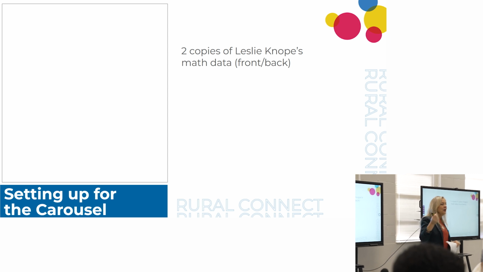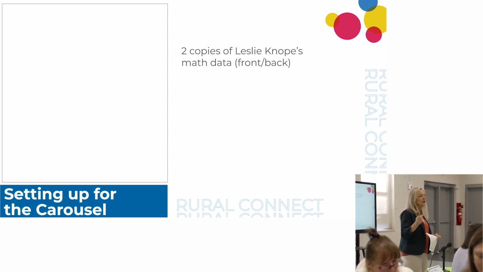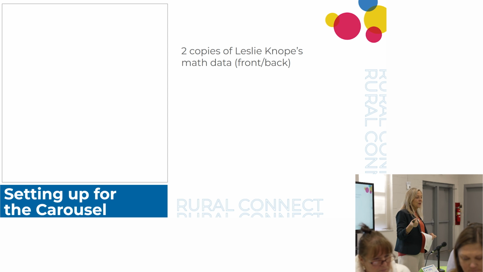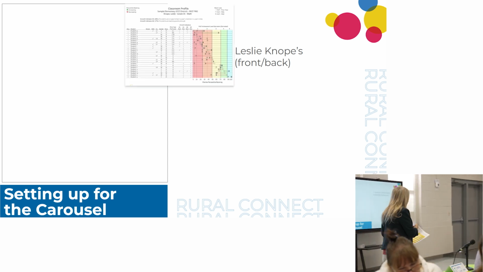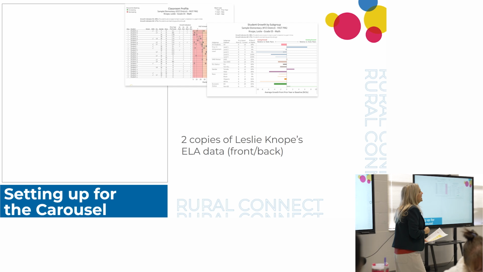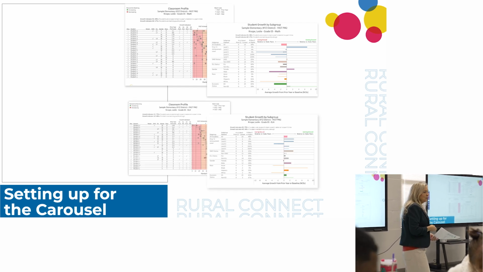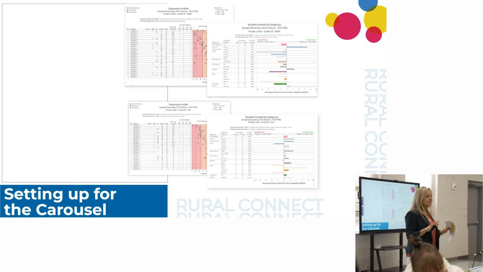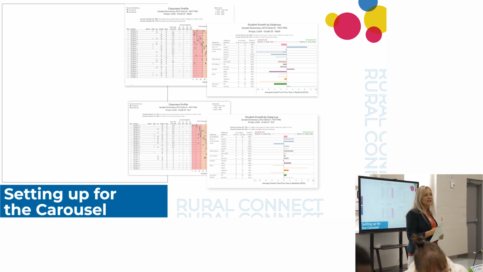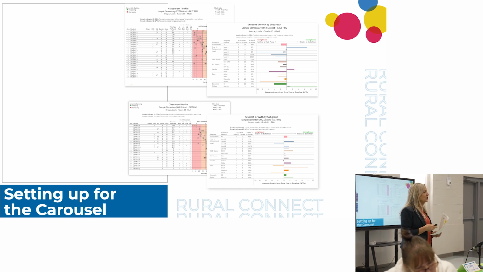It has a front and a back, classroom profile, and then the student growth by subgroup on the back. You also are going to have ELA data, front and back, the class profile, and the student growth by subgroup, okay? Both sides of the table should be able to see that for the reflection you're about to do.